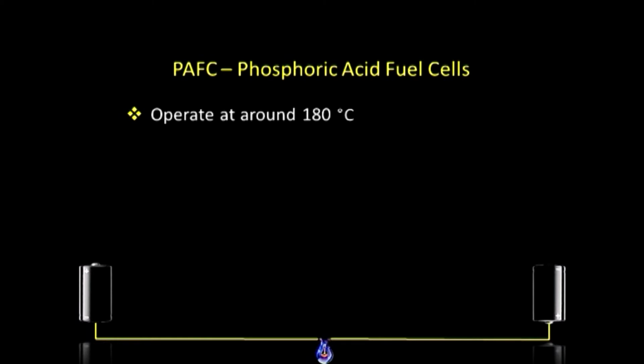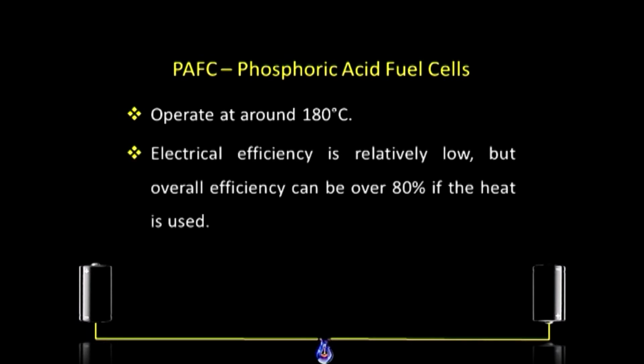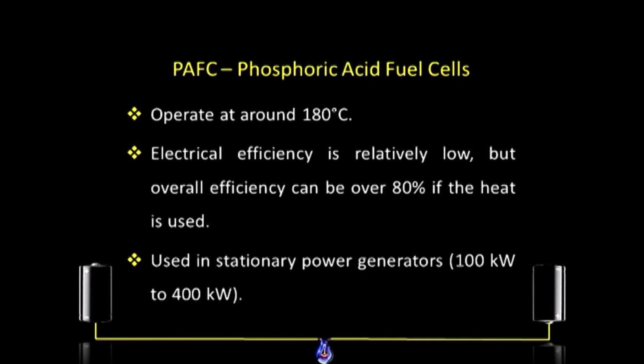The electrical efficiency of these fuel cells is relatively low, but the overall efficiency can be over 80% if the heat is used. So these types of fuel cells are generally used in stationary power generators of 100 kilowatt to 400 kilowatt power.